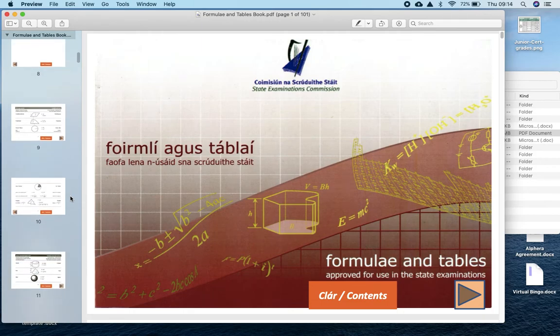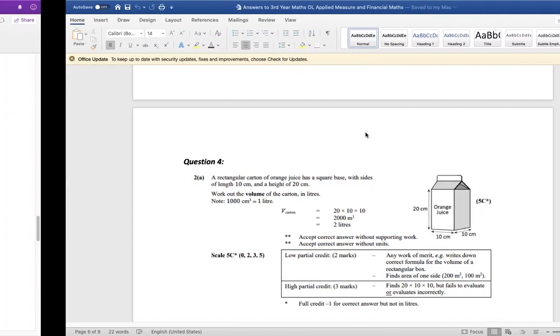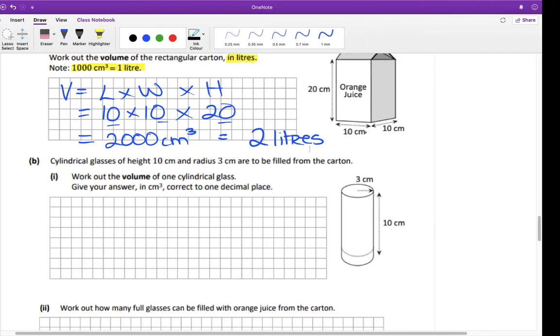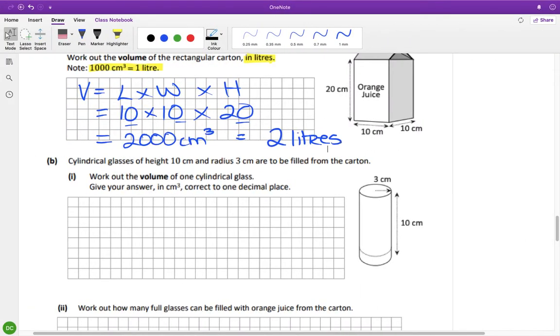Where's area and volume? Here. Okay, so surface area and volume, and we're looking at a cylinder, and I want volume. So volume equals pi r squared h.